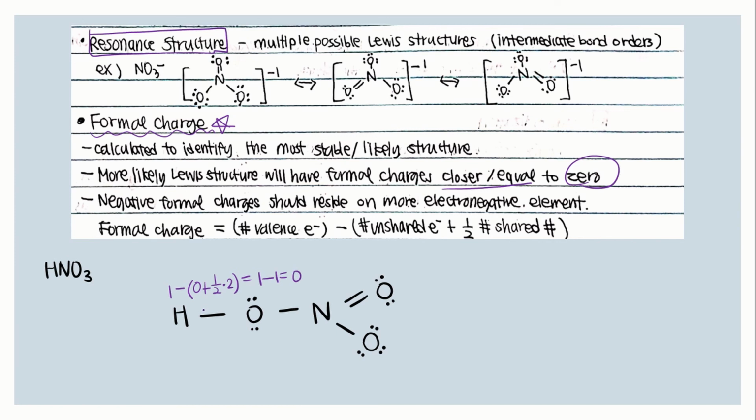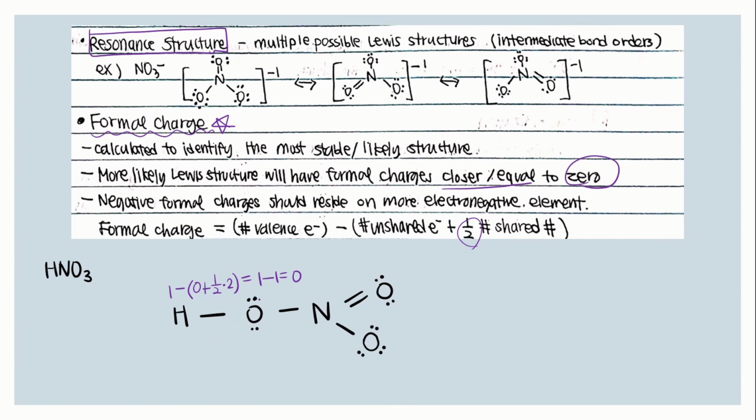Hydrogen can only have a formal charge of 0 because it can only make one bond with another atom. Without doing all this unshared and shared electrons, you can just count the bond as 1. Because if you share electrons, it will be 2, but you have to do 1/2 of it, so it will just be 1.